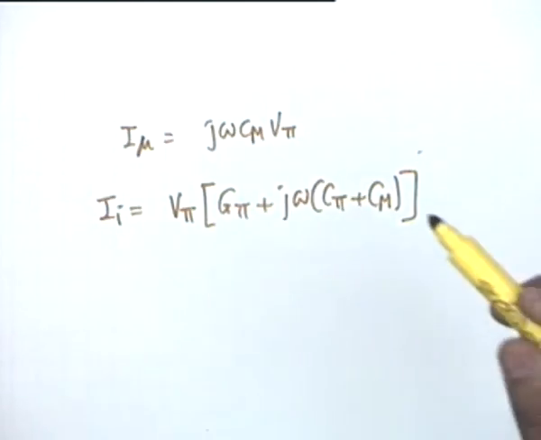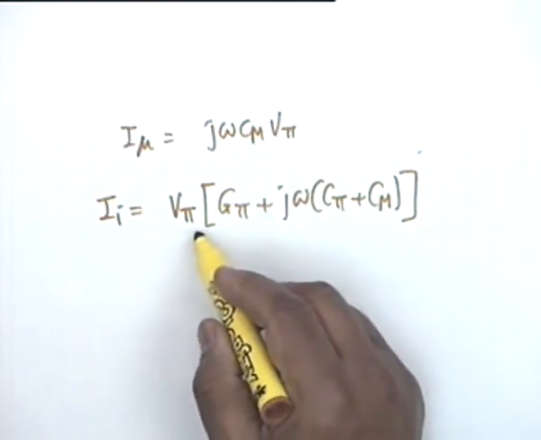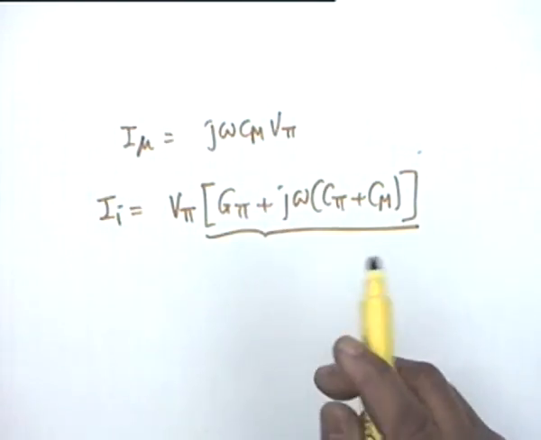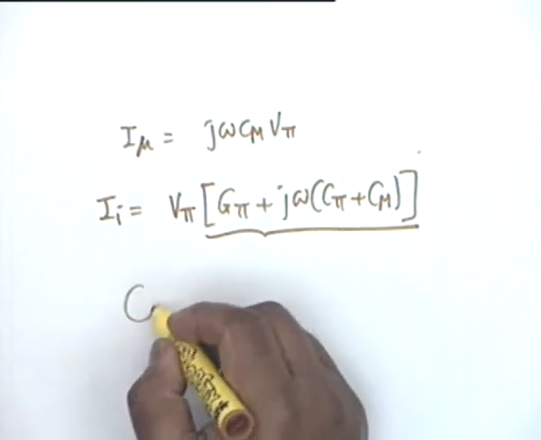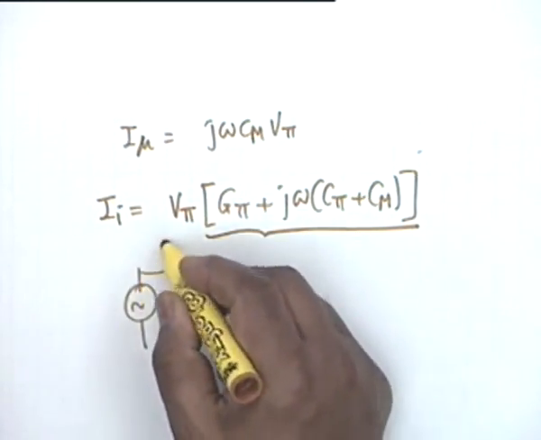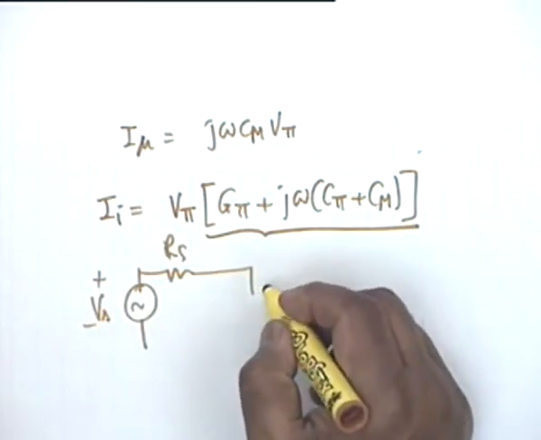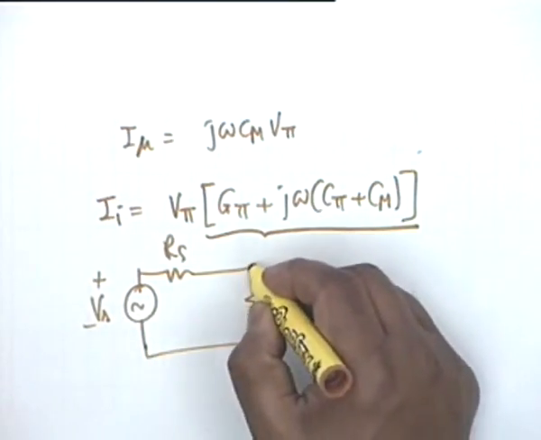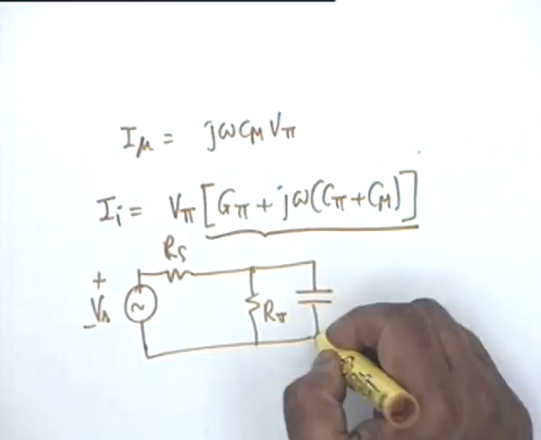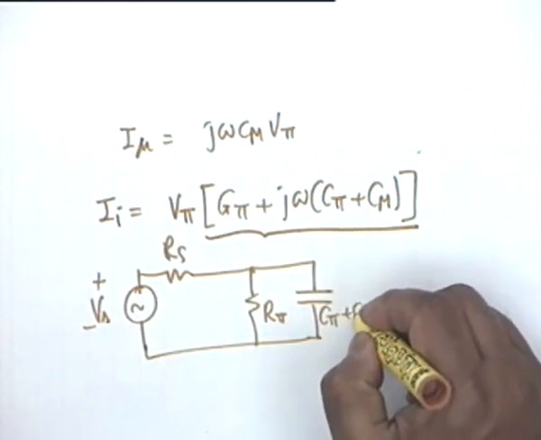The equation that we have written for the input current I sub I can simply be expressed as a product of V pi and a complex admittance, which means that my equivalent circuit now reduces to Rs, Vs, then a capital R pi and a single capacitor equal to C pi plus Cm.